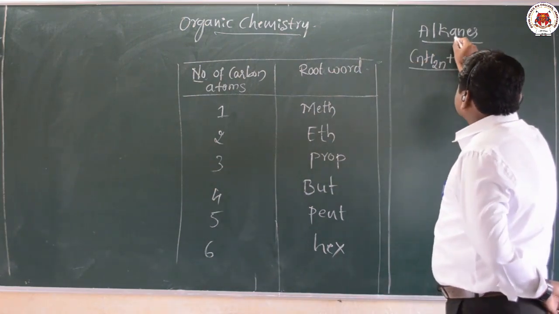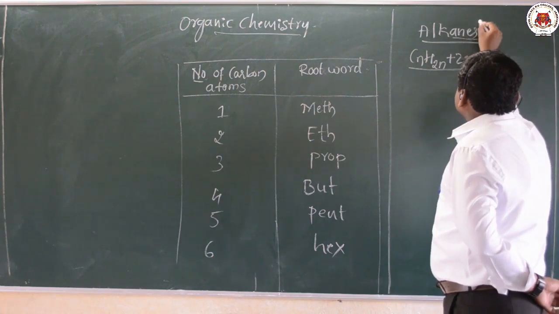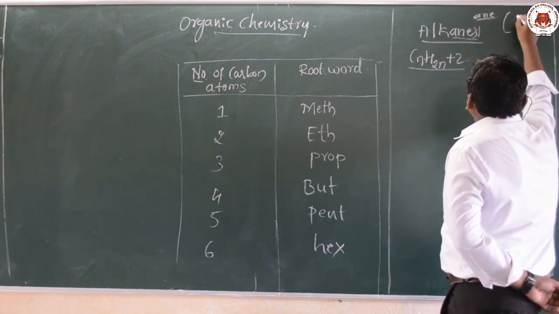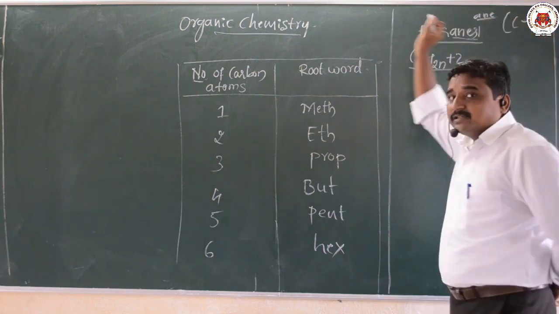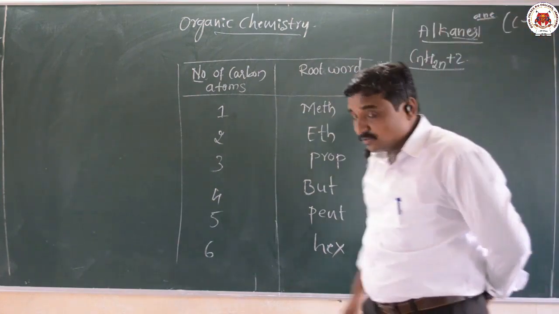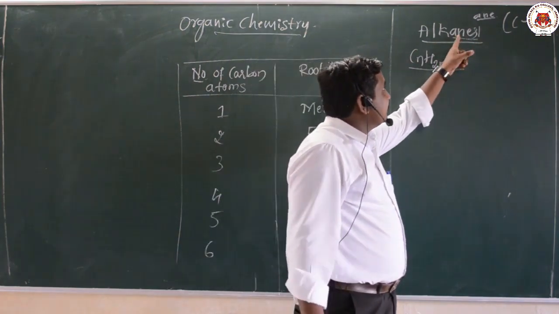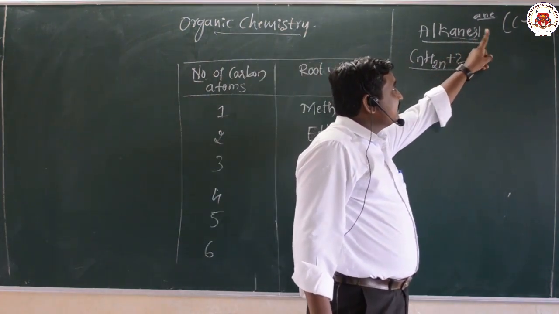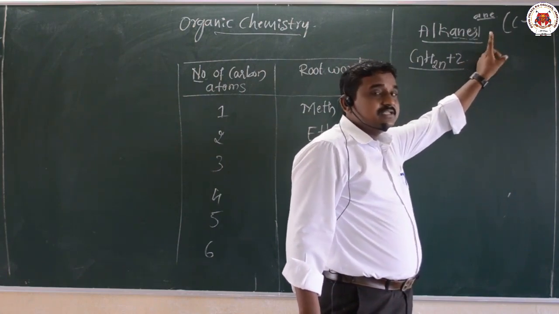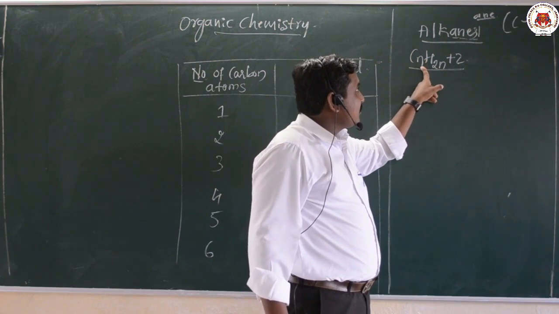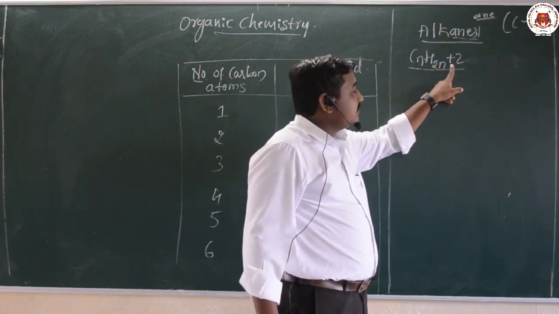In alkanes, the ending ANE indicates that the compound contains only single bonds between carbon atoms. So for alkanes we have the general formula CnH2n+2.